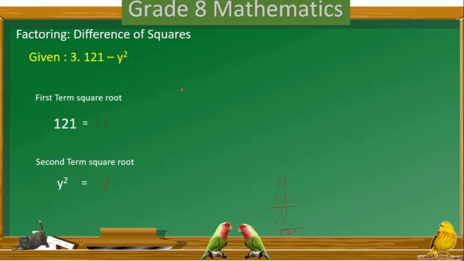After that, you form two parentheses, then write 11 there, 11 here, then copy the given sign, then the square root of the second term, then here the sign is opposite, then the square root of the last term. That's it.